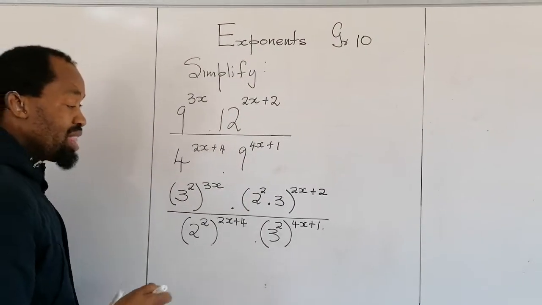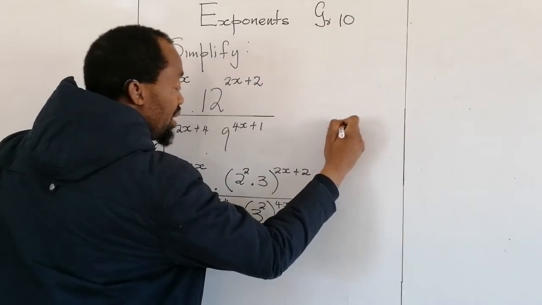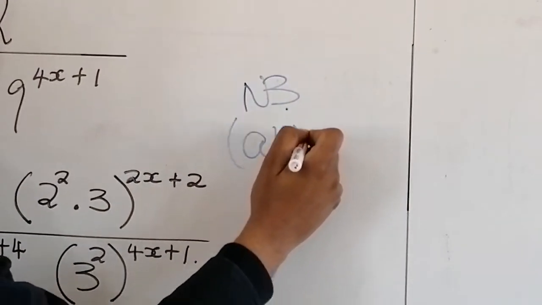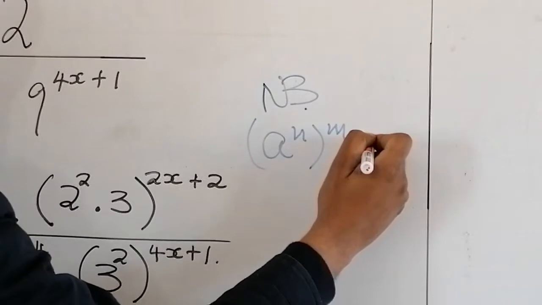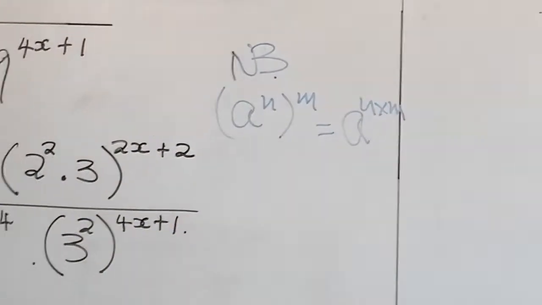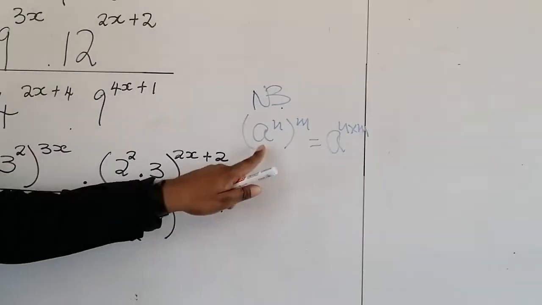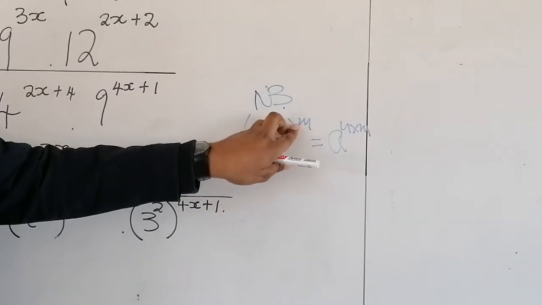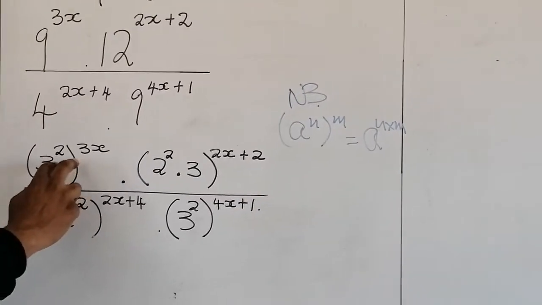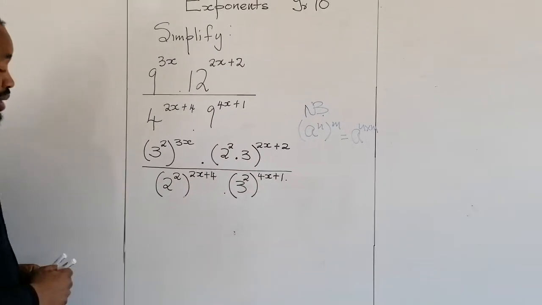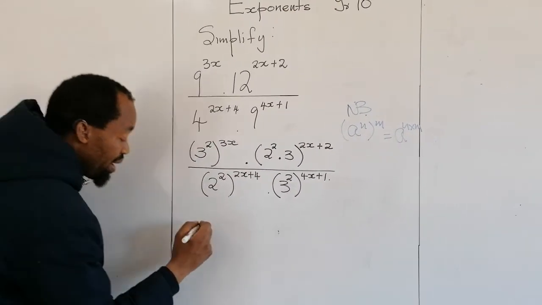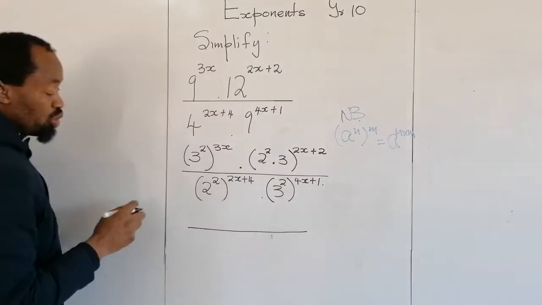Now, remember this, guys. If you have a to power m raised to power n, that means a to power m times n. Same base, different exponents, you multiply the exponents. Now, here, in each one of them, I'm going to remove the brackets by multiplying out the exponents. Let's do that.